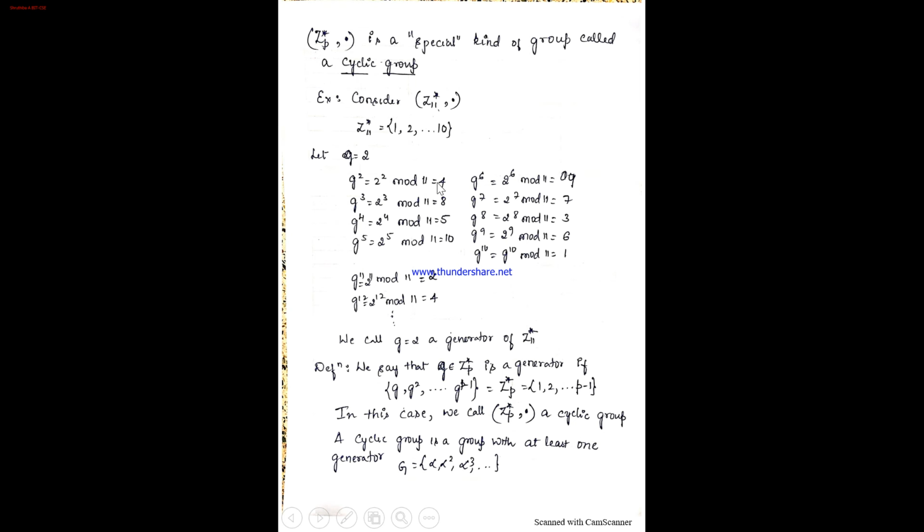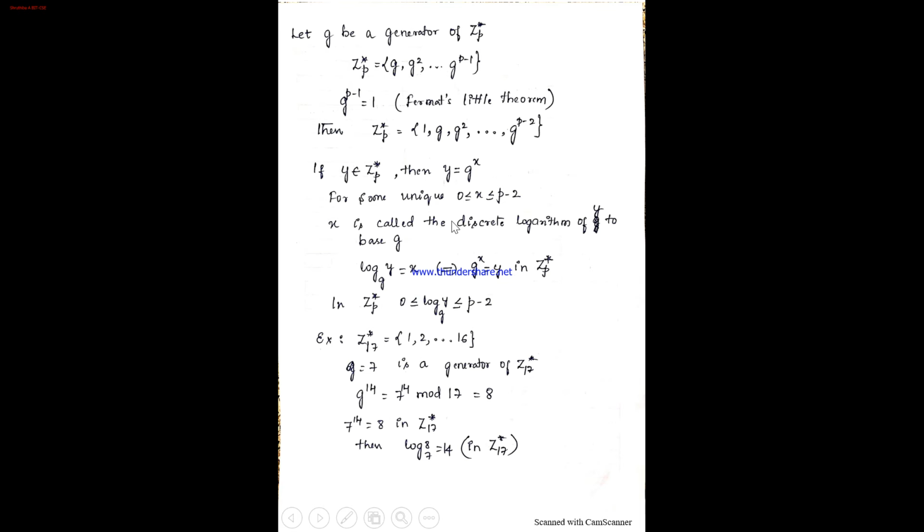Mod 11, 2 to the power of 4 will be equal to 5. So for some unique X from 0 to P minus 2, this X is called the discrete logarithm of Y to base G. Are you understanding?